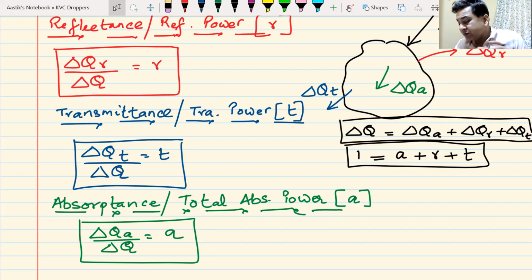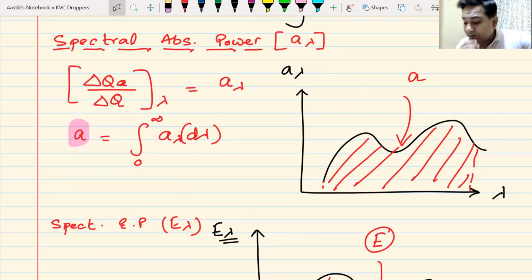Absorptance or total absorptive power, small a: energy absorbed divided by energy fallen, and a plus r plus t is equal to 1. We had also seen what will happen if the body is a perfect absorber, perfect reflector, and so on.